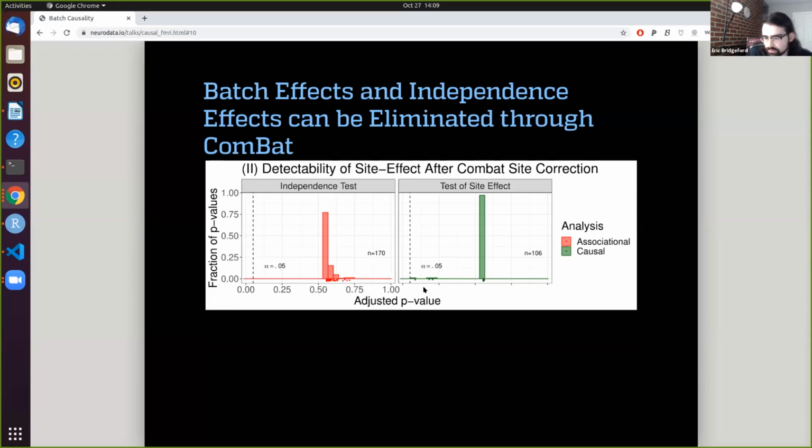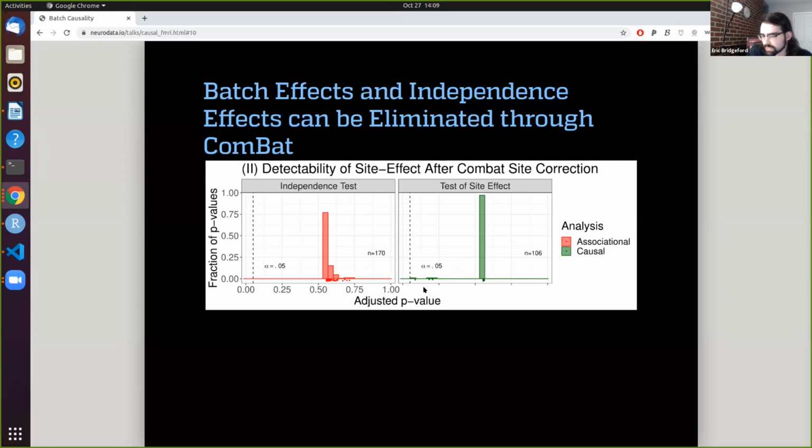So in the next figure, what we were trying to do was, how can we remove this batch-related bias in the data set? And so we used a strategy called ComBat correction. Basically, with ComBat correction, across all the features, you fit an empirical Bayes model to identify components of signal that are specific to each batch.